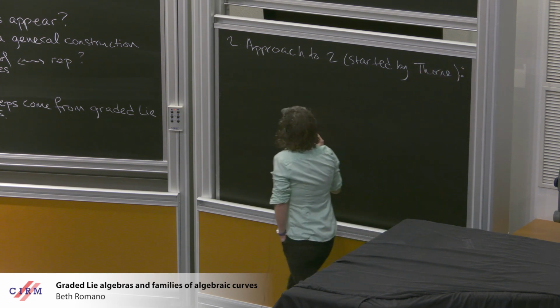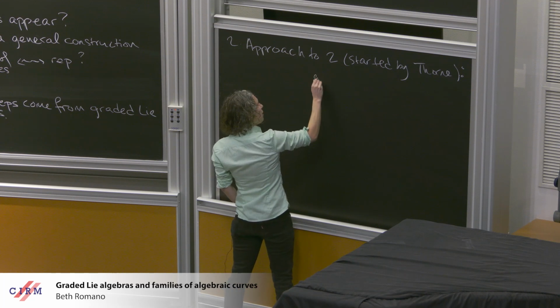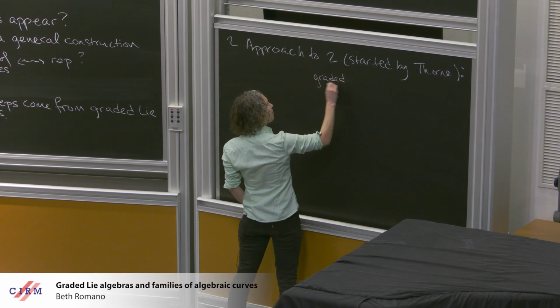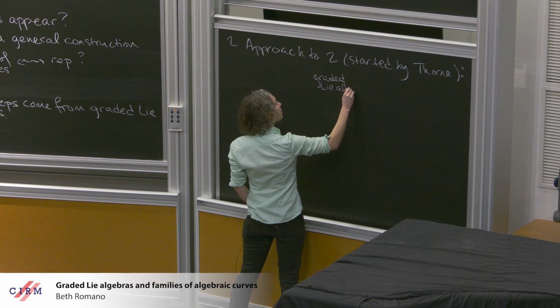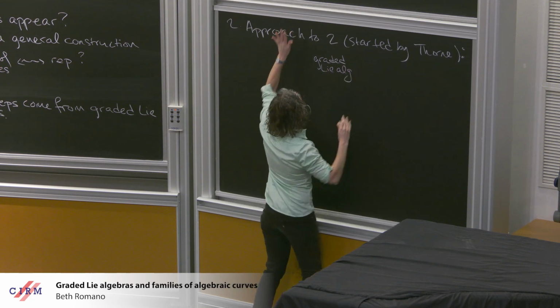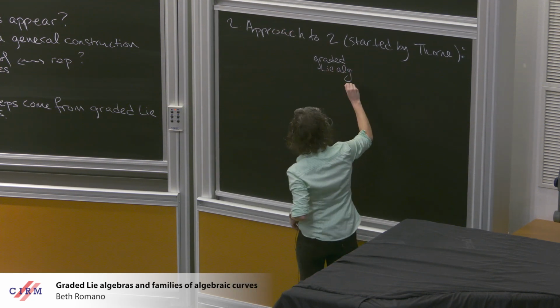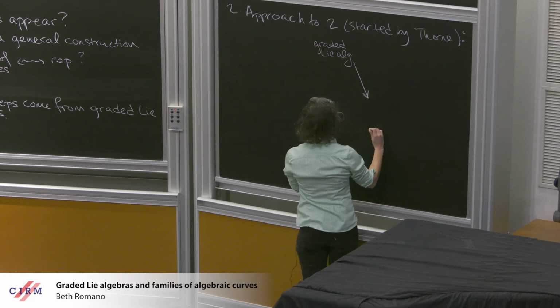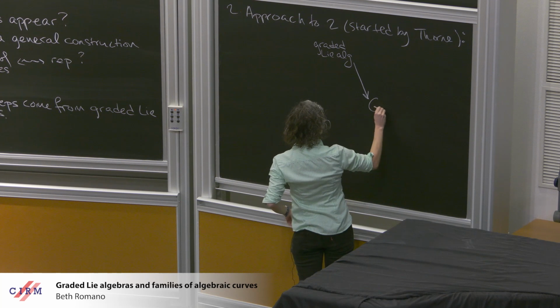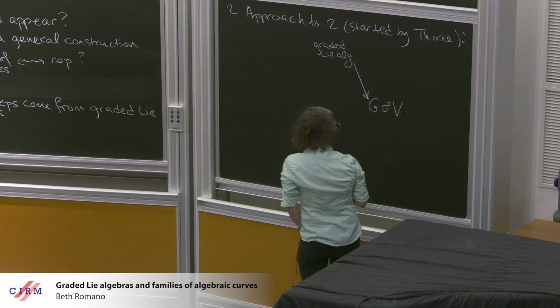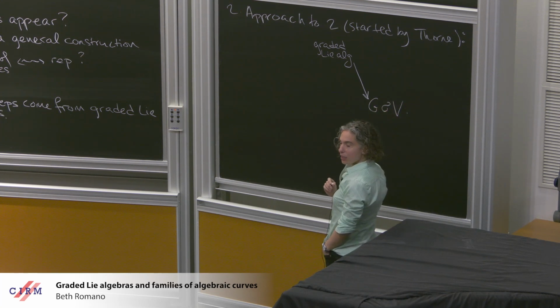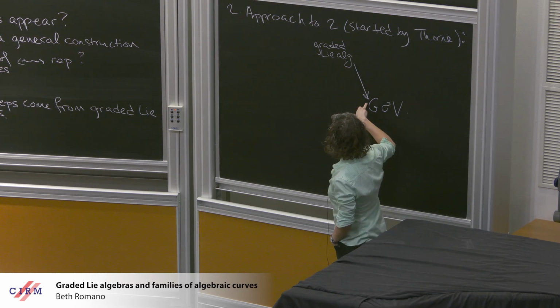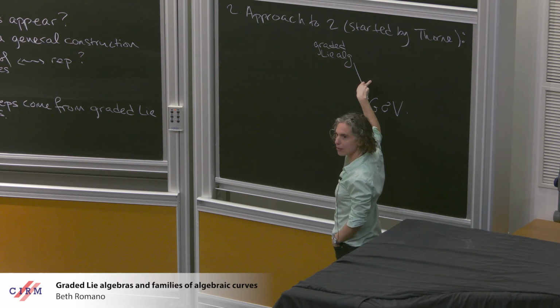Is the following. If you start with a graded Lie algebra, so this is the big picture, and then we're going to go into details, there's a very natural way that just comes from the definition to construct a representation. So a group G and a representation V of G. This arrow comes from the definition, and we'll talk about this next.